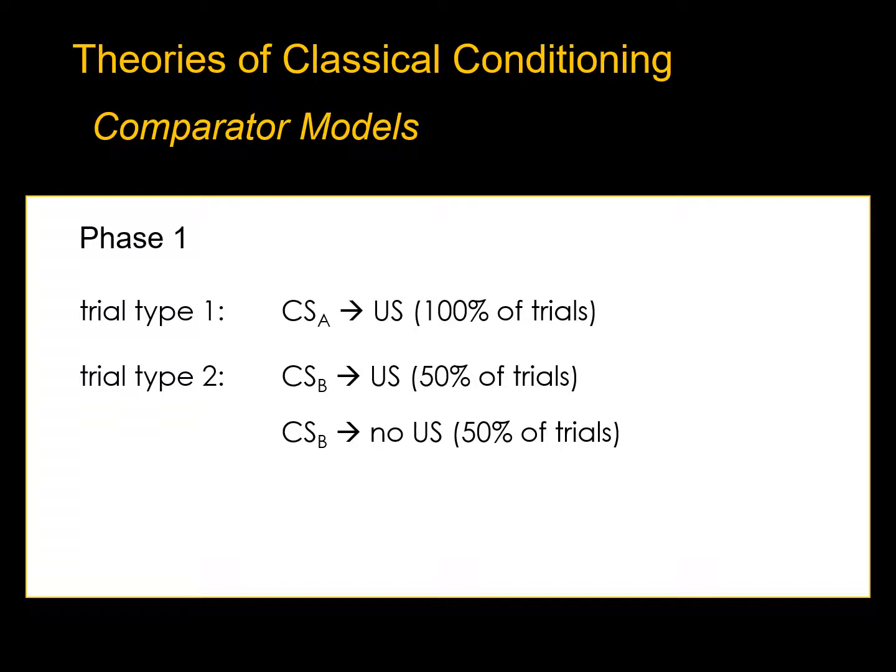And as you might expect, we do a bunch of that training and then we test, well, what's your response to the tone? We're not going to get that much. We'll probably get some conditional response, but not a huge amount, because this is a pretty bad predictor. We get a much bigger response to CSA, our good predictor that's right every time.